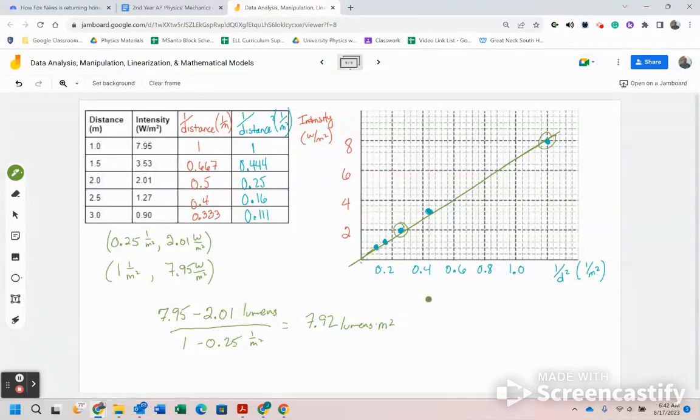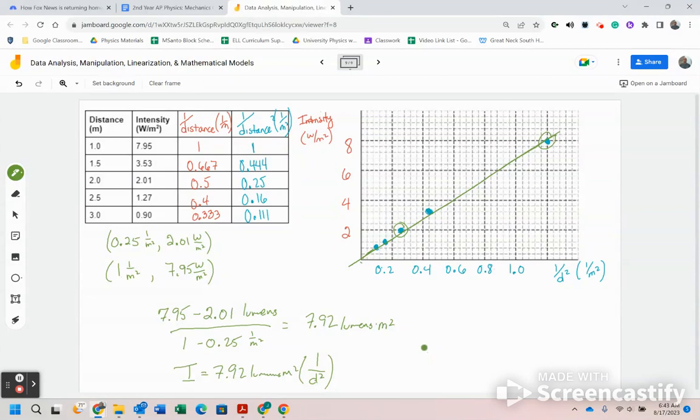Okay, so our equation, our model, is going to be the intensity is equal to 7.92 lumens meter squared times 1 over the distance squared. Now we can use that model to predict what the intensity of a 100-watt light bulb is from 5 meters from the observer.